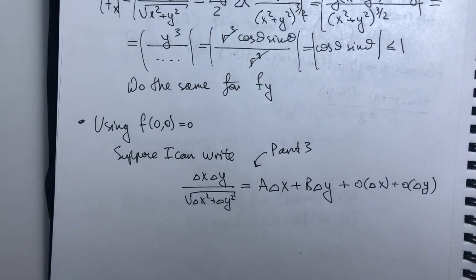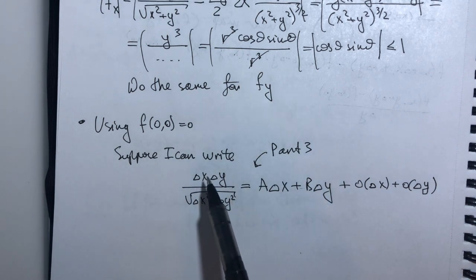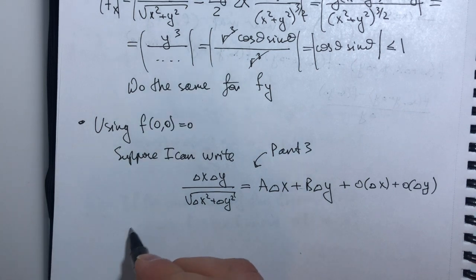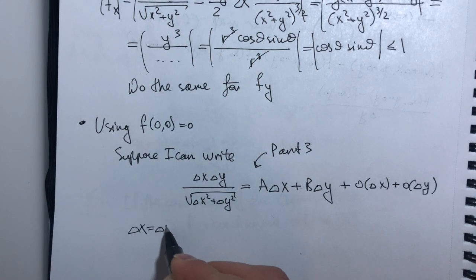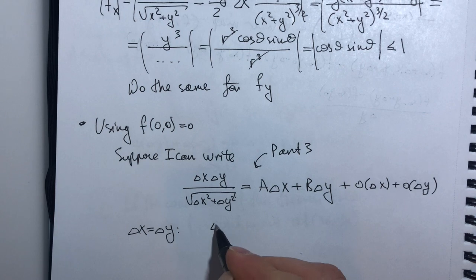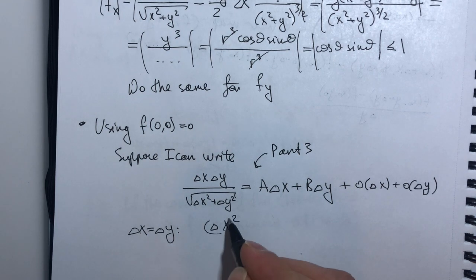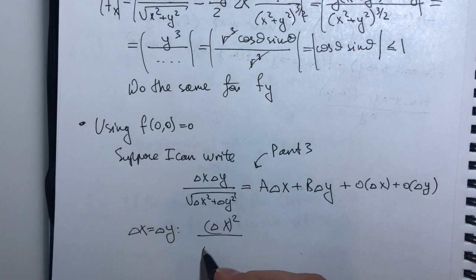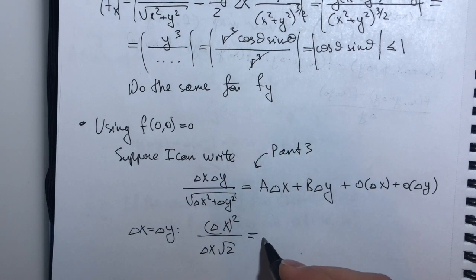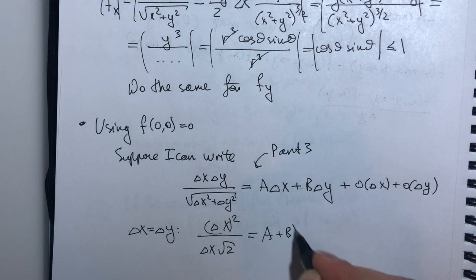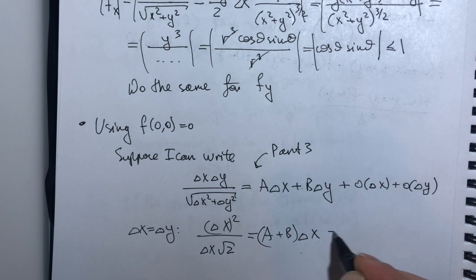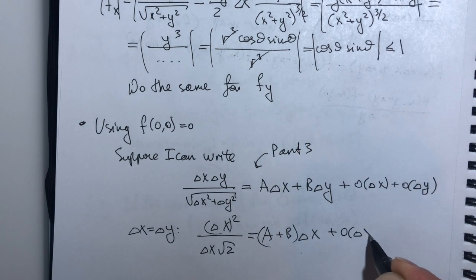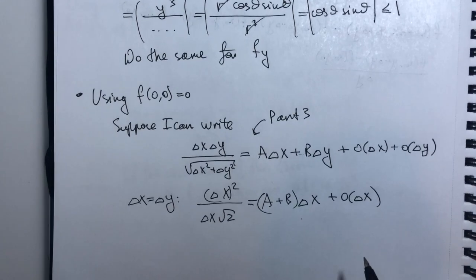Now here we can do the same trick. So this linear approximation must hold for any increments delta x, delta y in my neighborhood. So if I take equal increments, I get delta x squared divided by delta x root 2 should be equal to a plus b delta x plus a function of delta x.